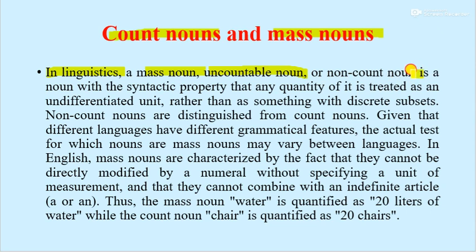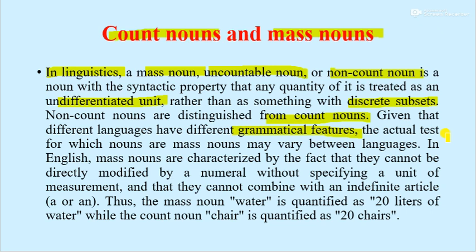A non-countable noun is a noun with the syntactical property that any quantity of it is treated as an undifferentiated unit rather than something with discrete subsets. Non-count nouns are distinct from count nouns. Given that different languages have different grammatical features, the tests for count nouns or mass nouns may vary between languages.